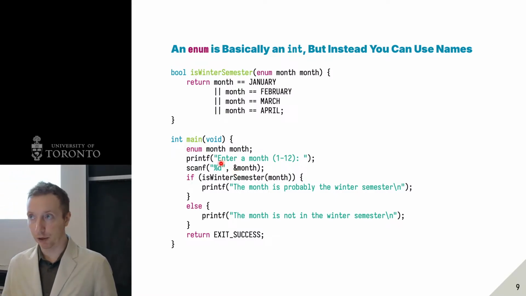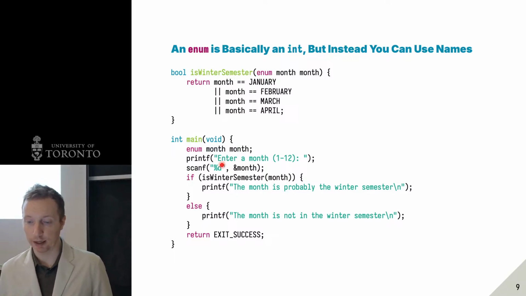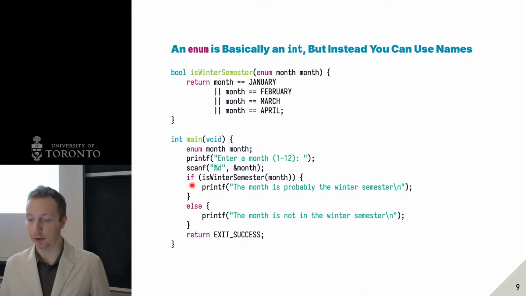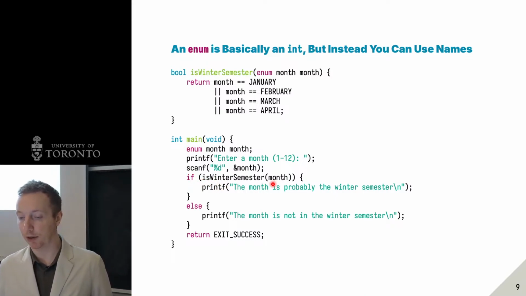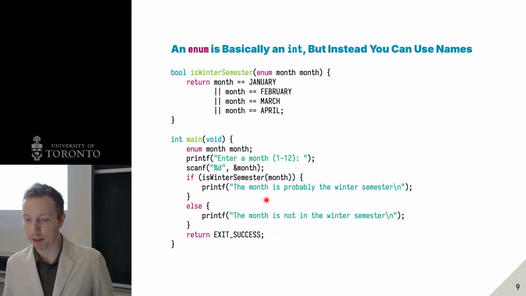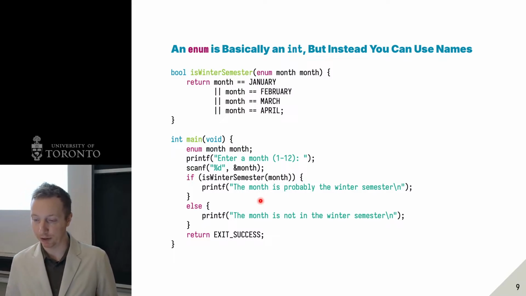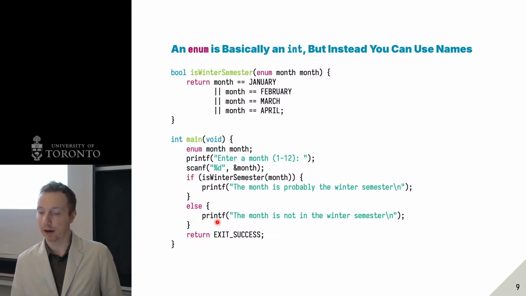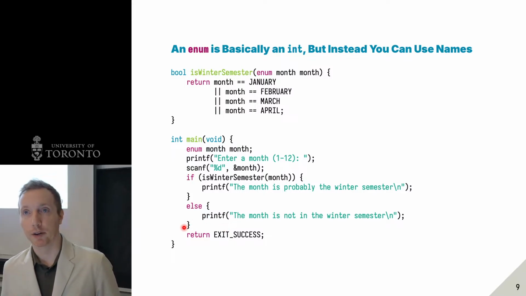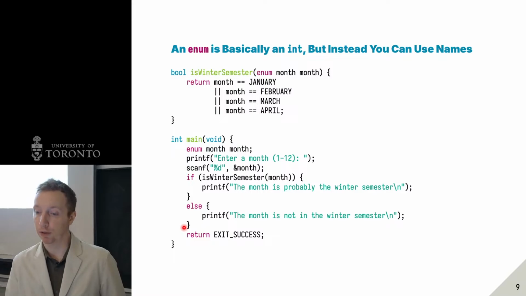It will assign it just like an integer, but now I can use it as its own type. So I could just say, hey, if it is the winter semester, this month is probably in the winter semester, probably because, you know, sometimes April doesn't count depending on if you're done your exams or not. And then else I could just say this month is not in the winter semester. So that's another way you could try and make your code a bit more readable instead of just using magic numbers all the time. So typically you use this for categories.